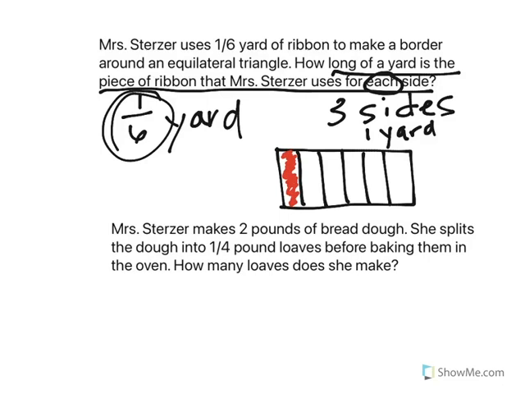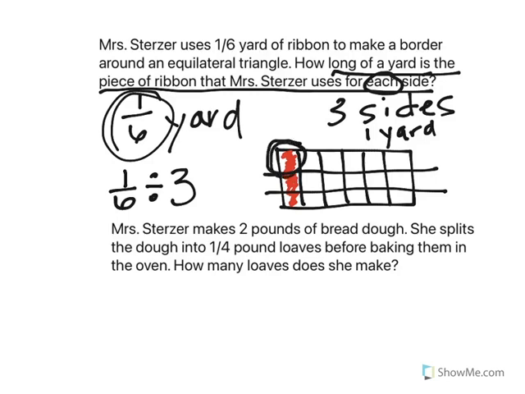So I have 1/6 yard of ribbon here, and I am going to divide that into 3 sides. So essentially I'm saying I have 1/6 of that yard of ribbon divided into 3 sides. And it's asking how long of a yard a piece of ribbon. So that's going to be 1/18 of a yard is each piece, or each side and each piece of ribbon.